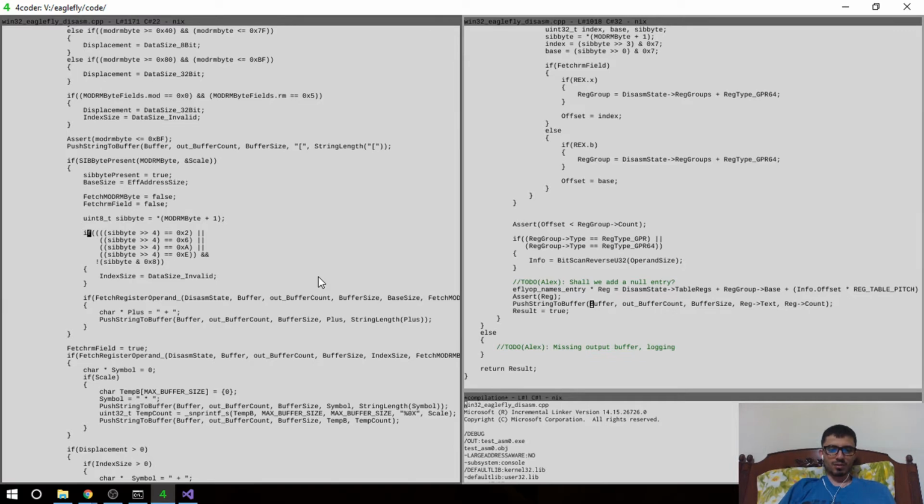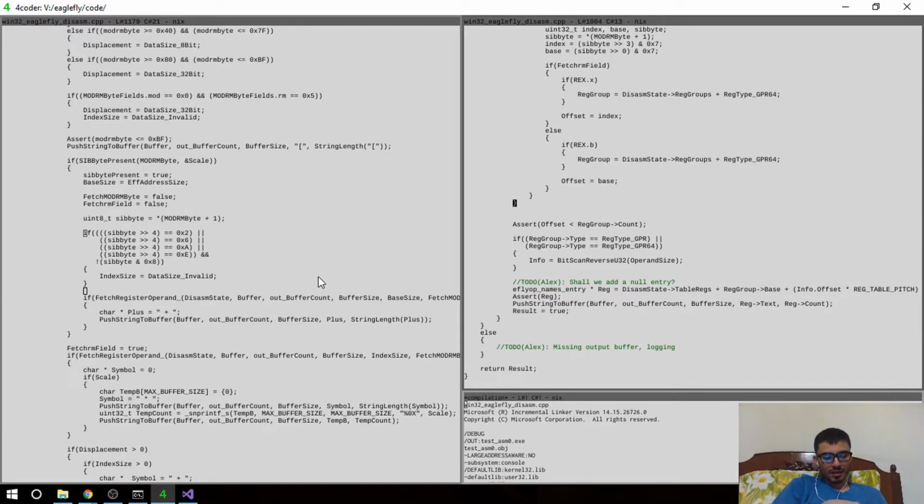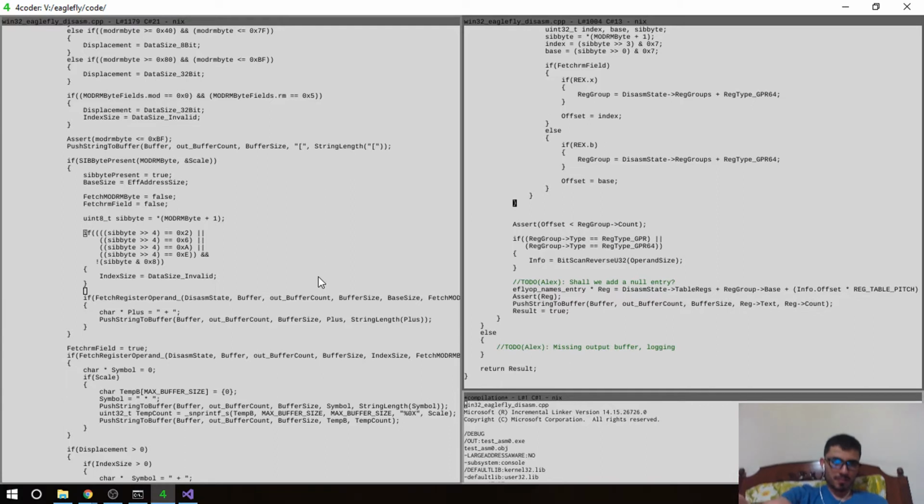Of course, one thing we can do is to pass this check as in here, which could be another way to go. Now, let me see, because the SIB byte has to be checked.